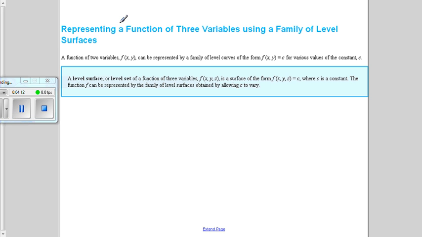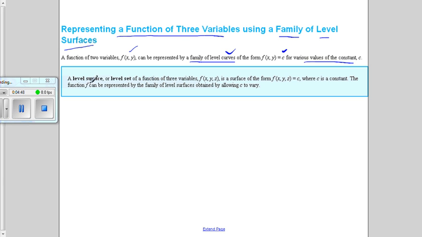So what we're doing is we represent a function of three variables with a family, a bunch of level surfaces. So no longer level curves, but level surfaces, whether it be paraboloids or spheres or parabolic cylinders. The idea is that we could represent a function of two variables as a family of level curves, where we set our two-variable function equal to some constant for various values of the constant.